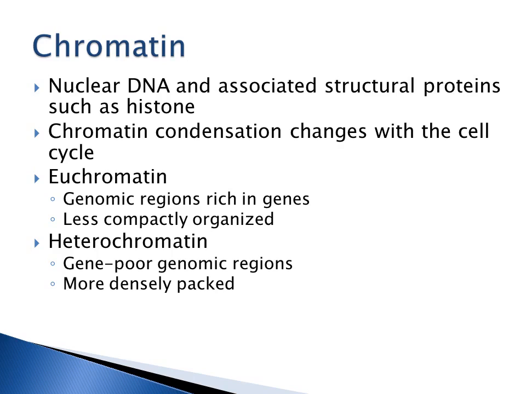These are genomic regions that have a lot of genes, and genes are what code for proteins, and these are not as compactly organized. You also have heterochromatin. These are regions of your genomic DNA that don't have a lot of genes. They're gene poor, and they're very densely packed regions.